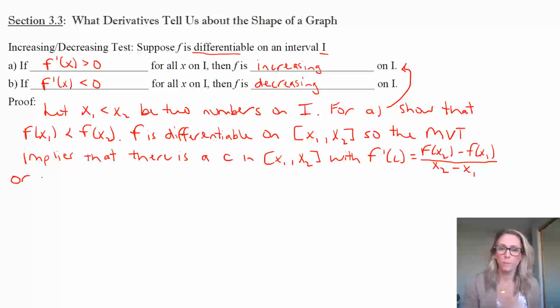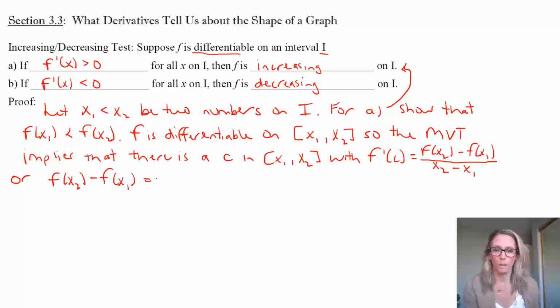If I were to multiply both sides of that by x2 minus x1, you would see that you're going to have f of x2 minus f of x1 equals f prime of c times x2 minus x1.